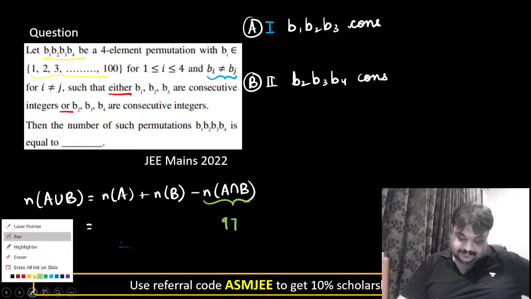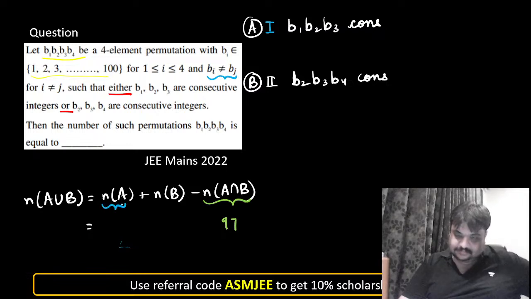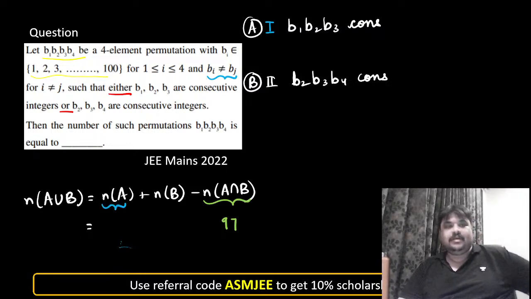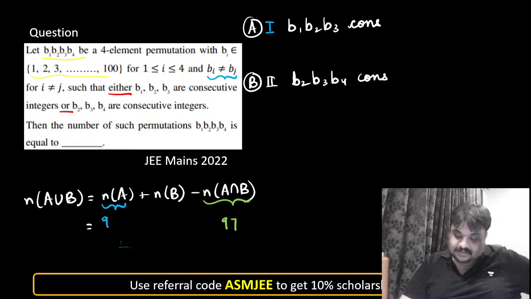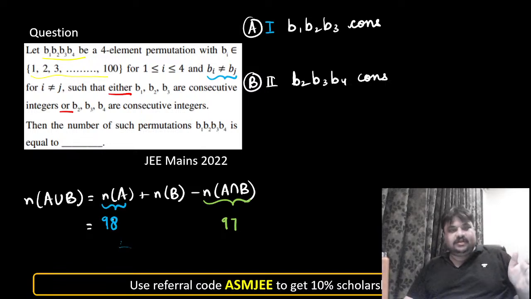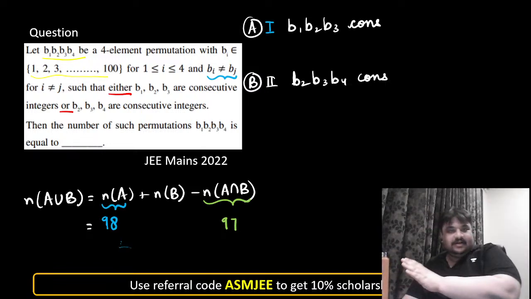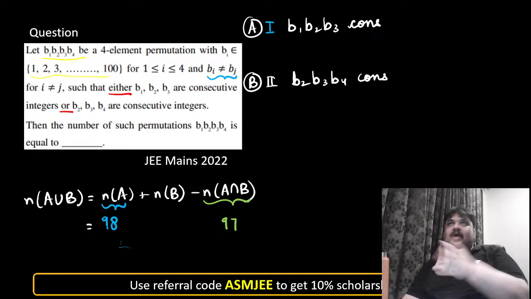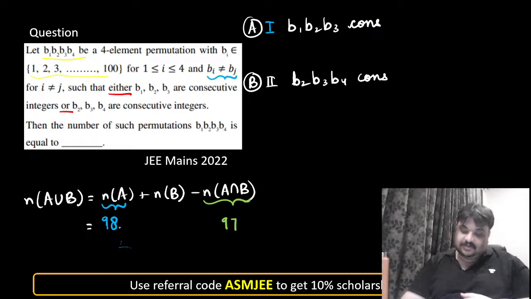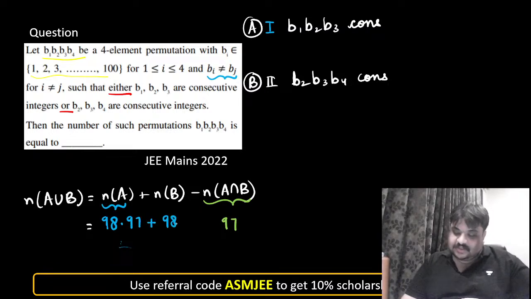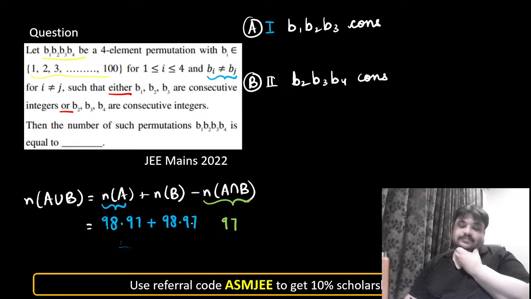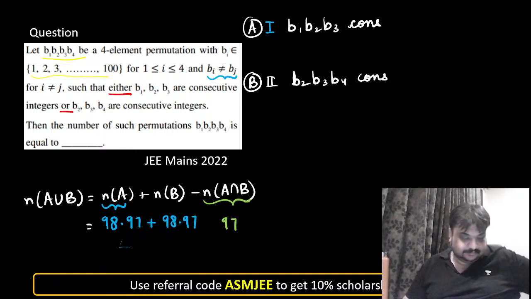For this, from 1 to 98, there are 98 options: 1, 2, 3 to 98, 99, 100. And out of the remaining 97, you can select one. Here also you will do the same. I think this should be the answer.